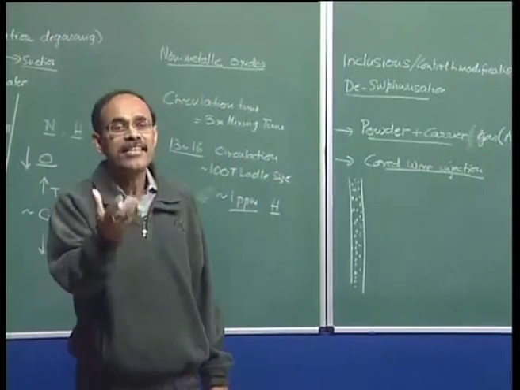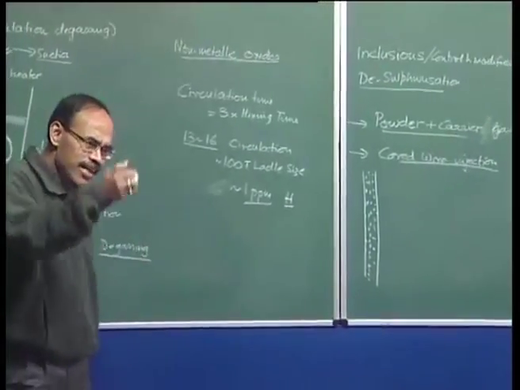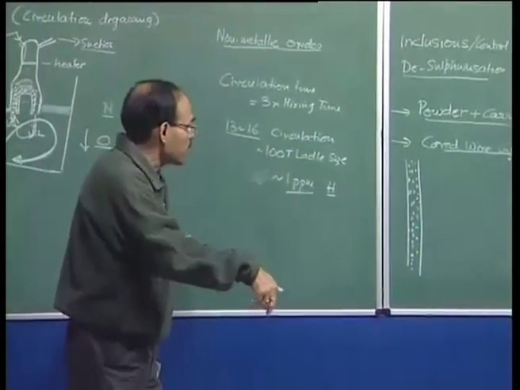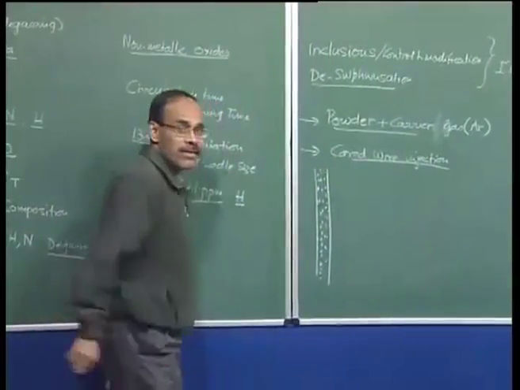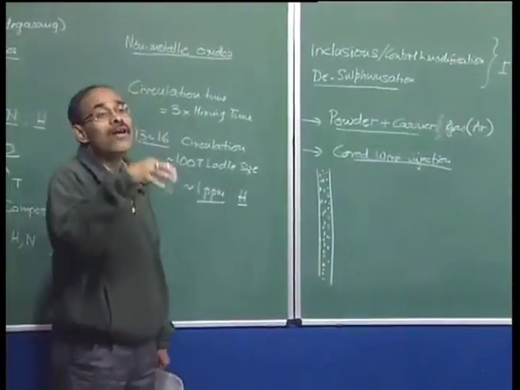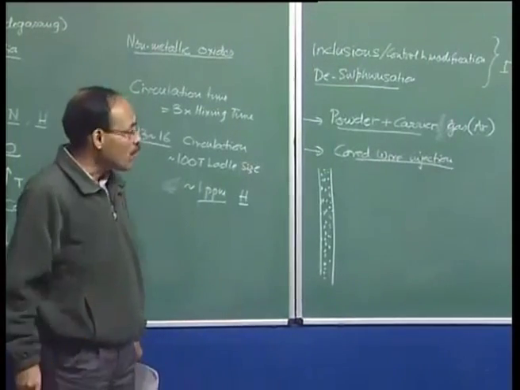At 1600 degrees centigrade, calcium can stay as vapor. So, whatever calcium you inject, either in the form of powder or cold wire, when it comes in contact with molten steel, it is going to immediately become vaporized.